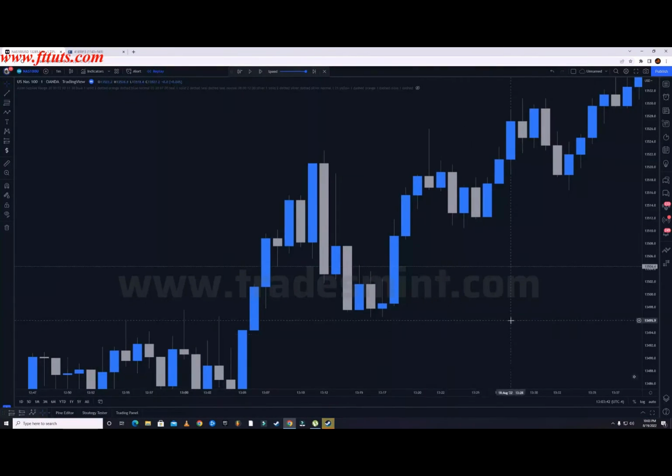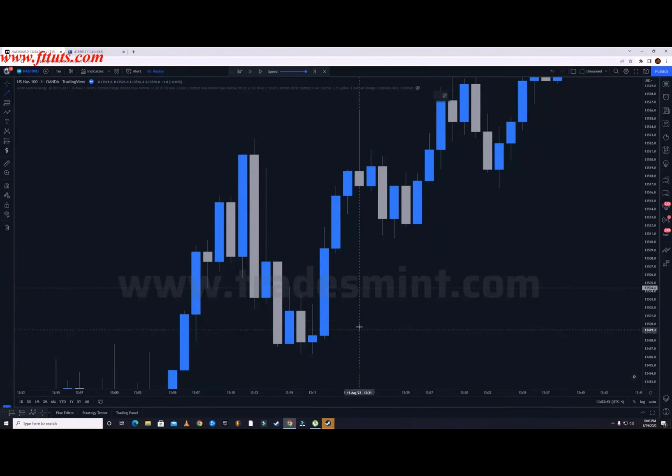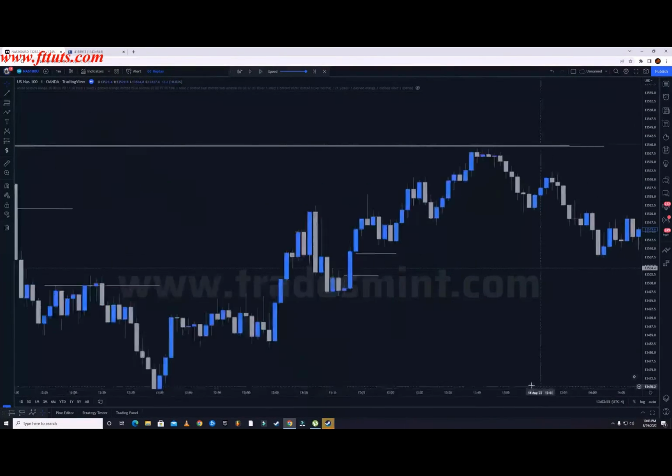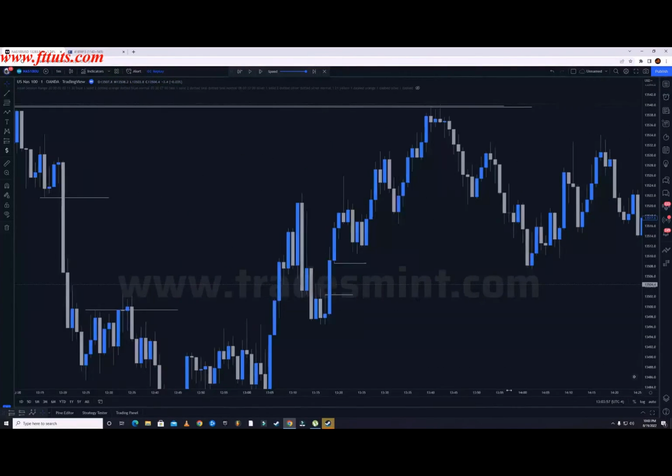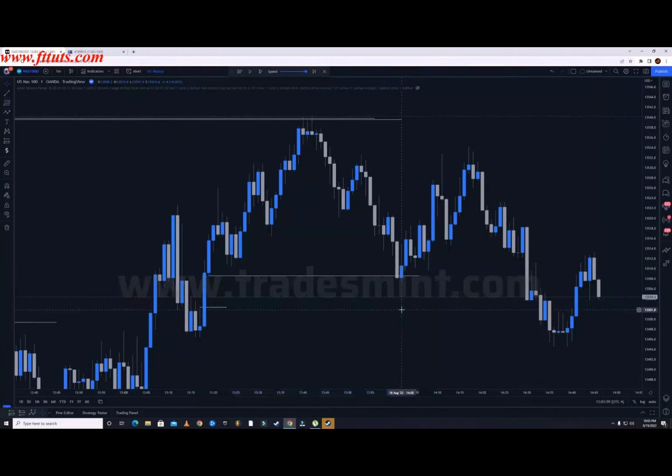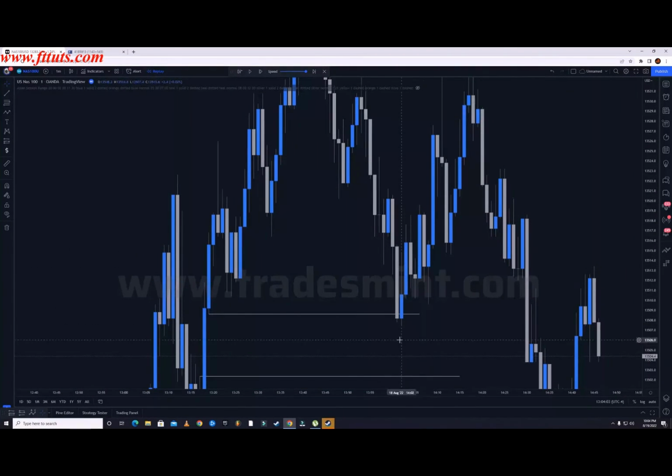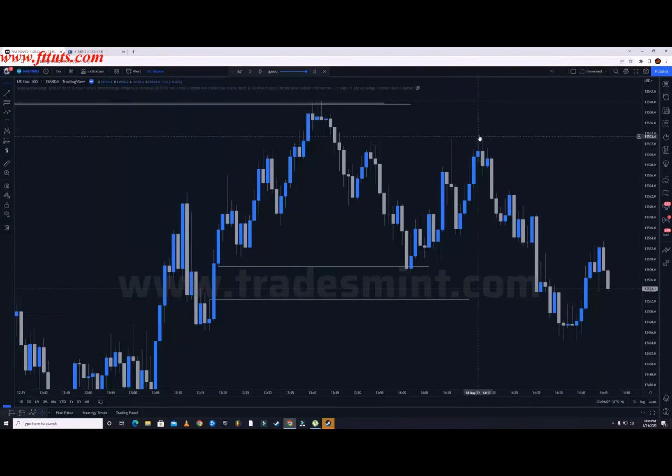When we're looking for buys, we look at the very high of the first candle and the low of the third candle, and then we wait for the price to fill this level. As you can see, if we draw this out, price filled this level, filled this imbalance or fair value gap, and it went all the way up.